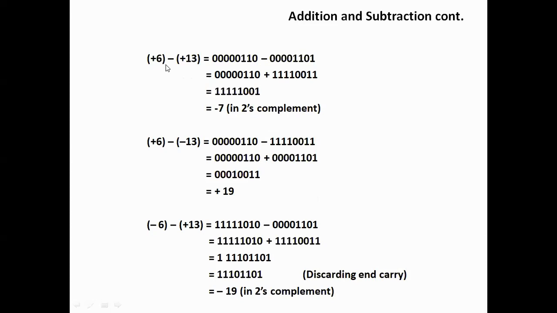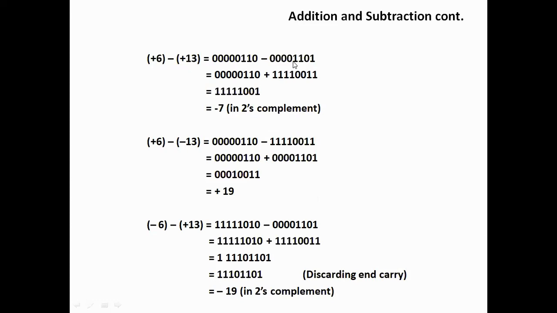Let us take another example where both numbers are positive. So we have to subtract two positive numbers. Plus 6 is represented by this and plus 13 by this. Since there is a subtraction here, we will convert this plus 13 to its 2's complement, which becomes minus 13.